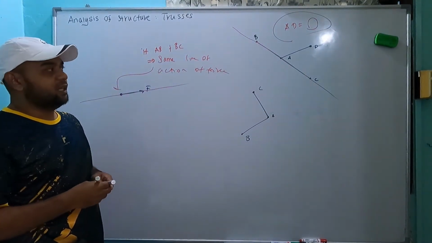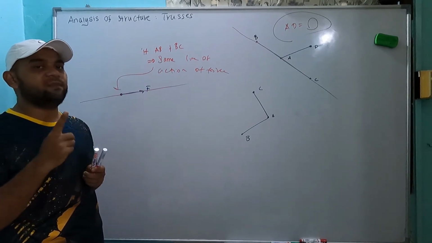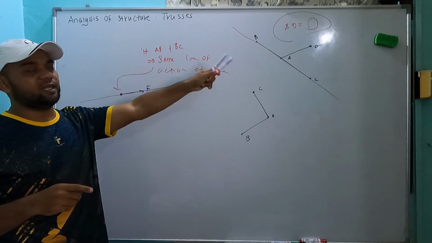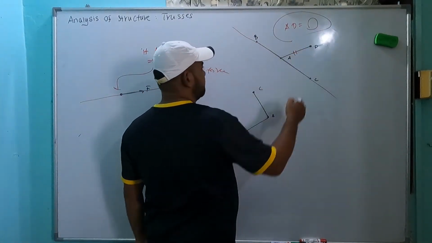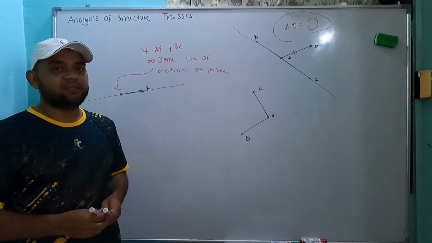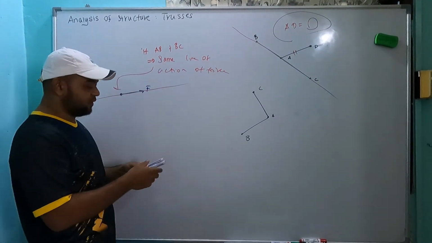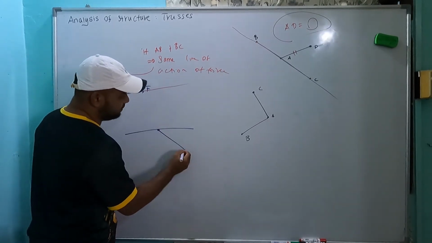Okay, remember, if we have three components, two of them on the same line of action of force, to maintain that component in the same line, the third one must be 0. Whatever the direction it is, the third one must be 0. For example, I have now this way, but here I have this way.